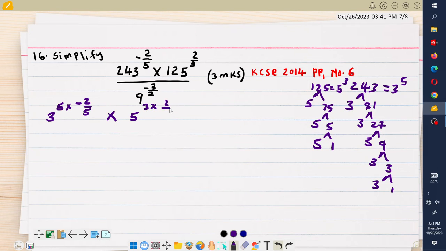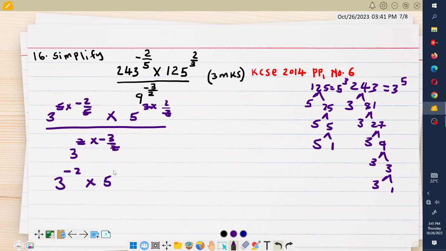Then the whole thing divided by 9, which of course is 3 to the power of 2, then multiplied by what was on the power, negative 3 over 2. So 5 and 5 will cancel out. 3 and 3 will cancel out. 2 and 2 will cancel out. So I remain with 3 to the power of negative 2 multiplied by 5 to the power of 2.